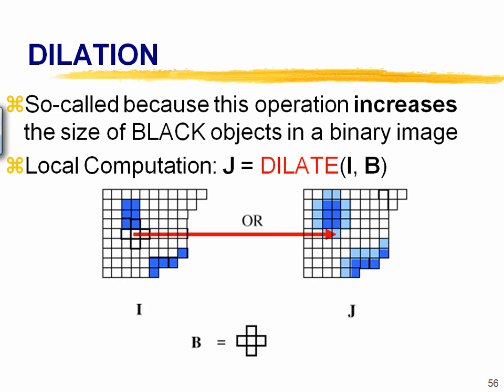If B is square, yes. So let's say B is a square window.